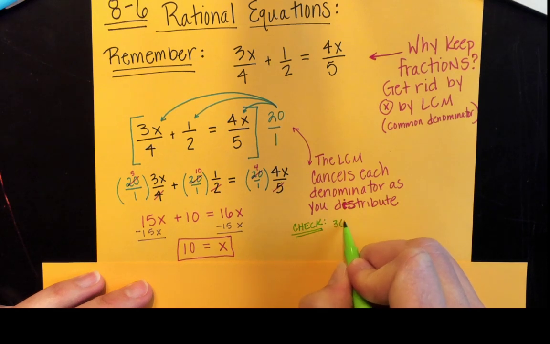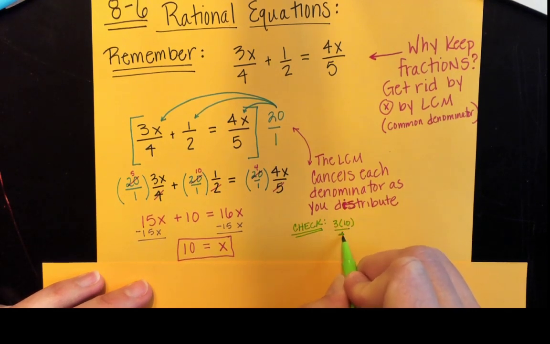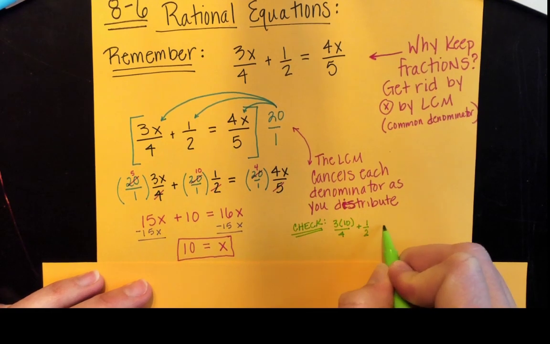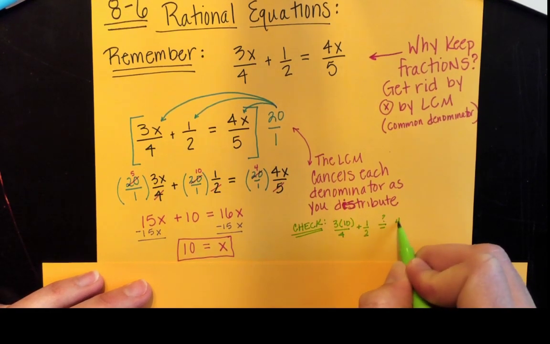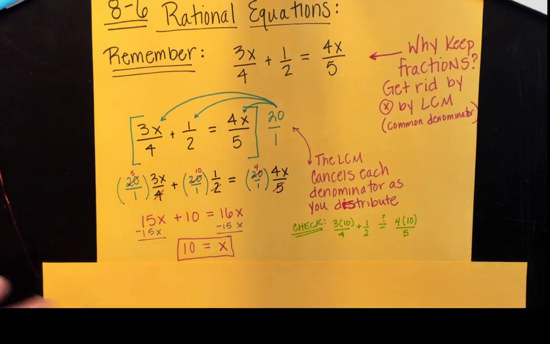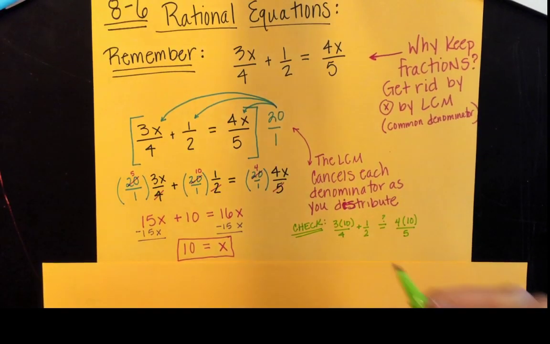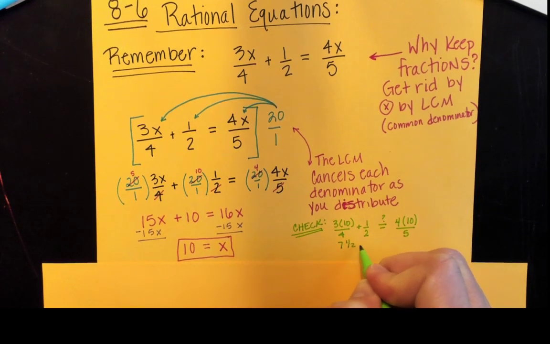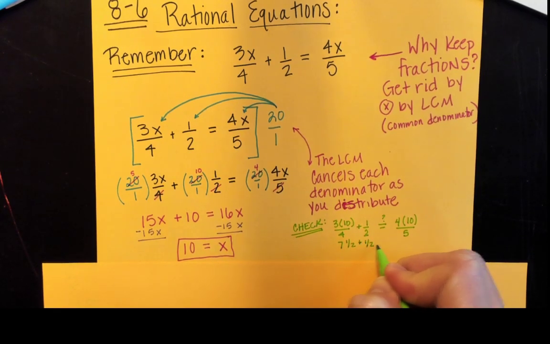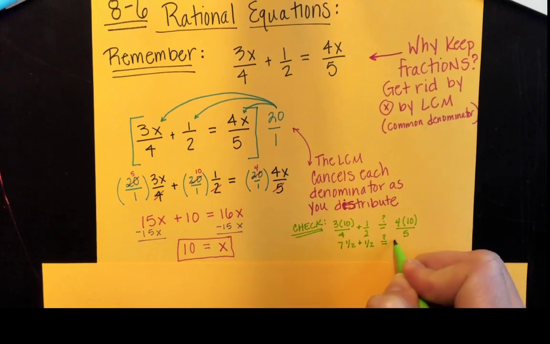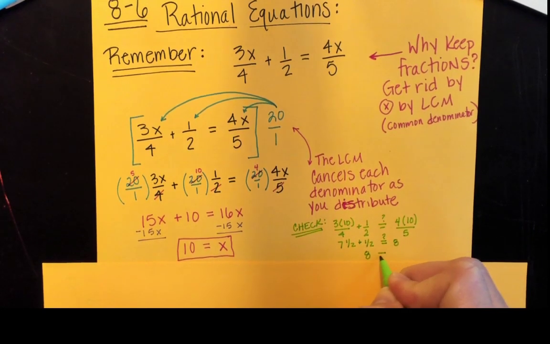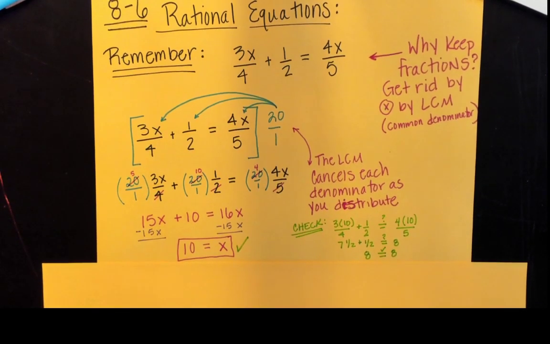So 3 times 10 over 4 plus 1/2, does it actually equal 4 times 10 divided by 5? With a little work, 30 divided by 4 we know is 7.5. If I add that to 1/2, does that equal 8? So in this case, 8 equals 8, so I know that that's an answer.